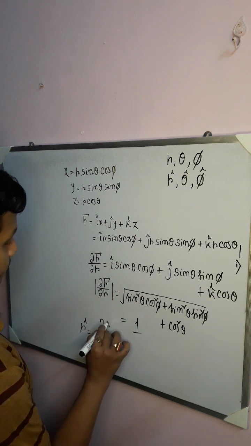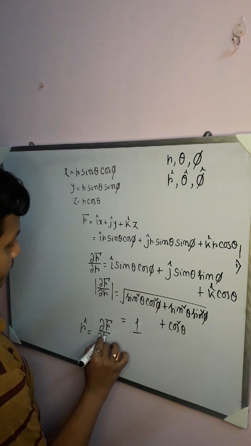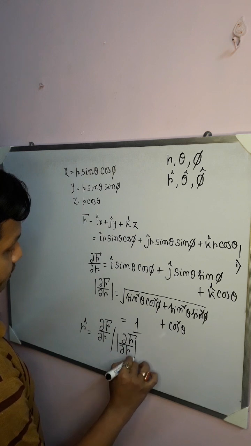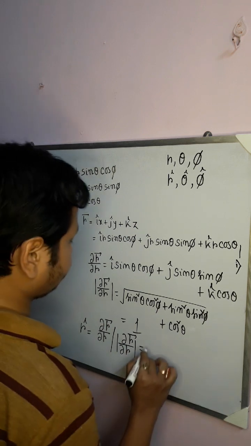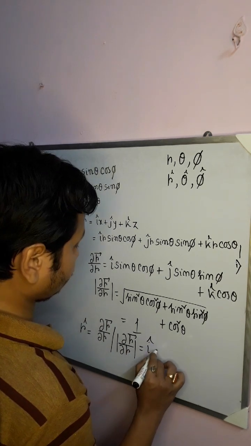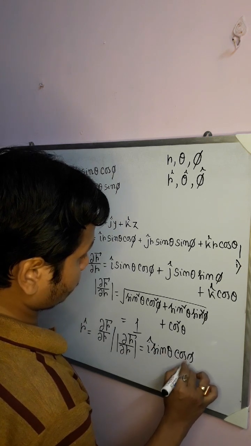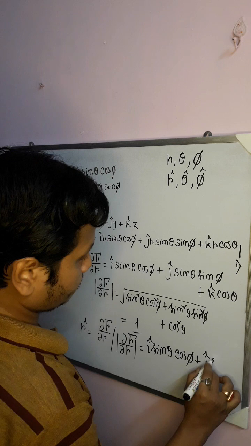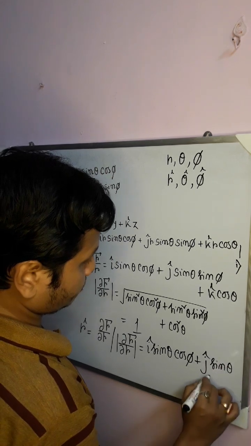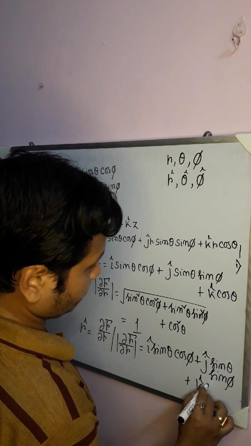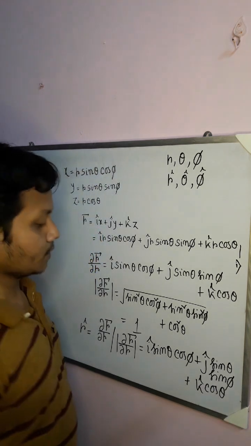So what will be my r cap? This is simply del r by del r divided by mod del r by del r. This is simply i cap sin theta cos phi plus j cap sin theta sin phi plus k cap cos theta.